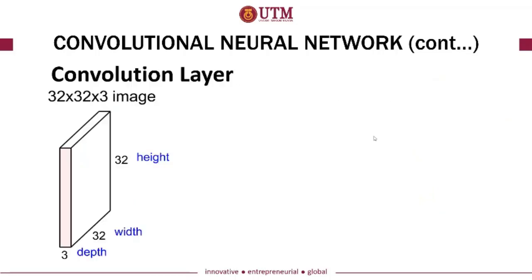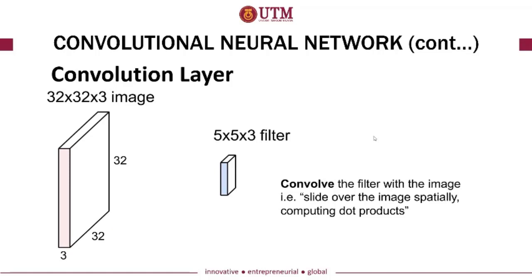Okay, so let's say this is your filter. In general, let's say you set your filter size to 5 times 5. The depth size of your filter, which is this one, will by default always follow the depth size of your image.